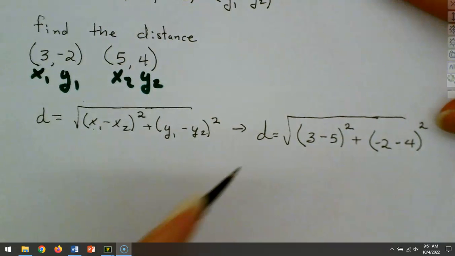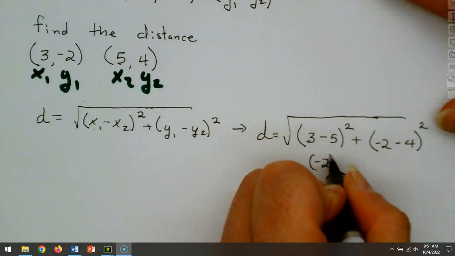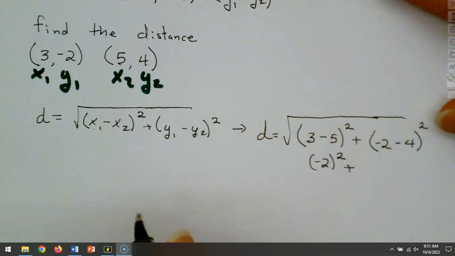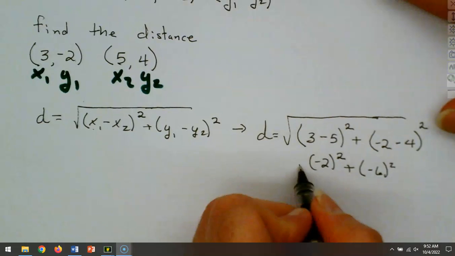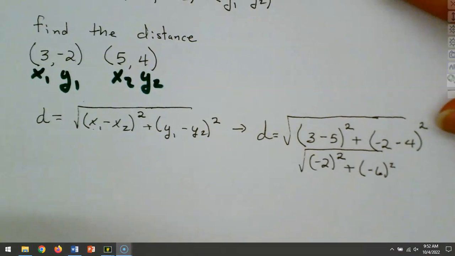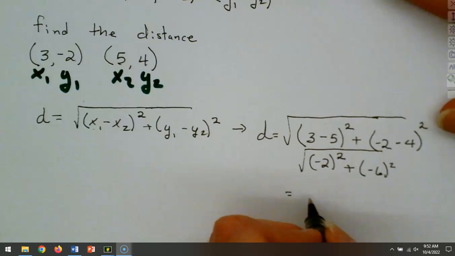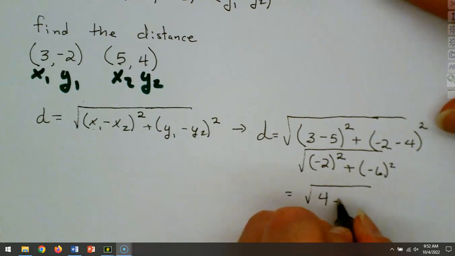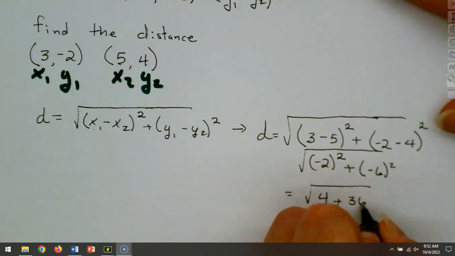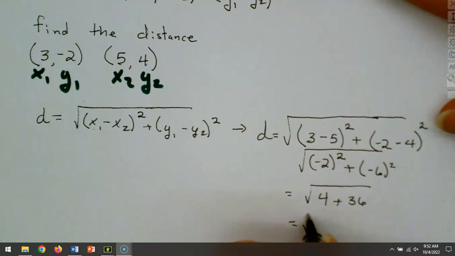So 3 minus 5, that's a minus 2 squared. Minus 2 minus 4, that makes it a minus 6 squared. Minus 2 squared, when you square a negative, it becomes a positive 4. 6 squared is a 36. So that gives you then the square root of 40.